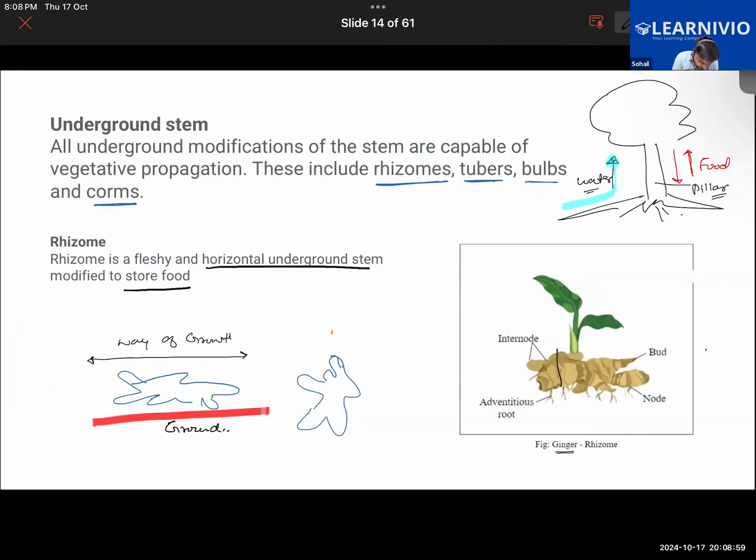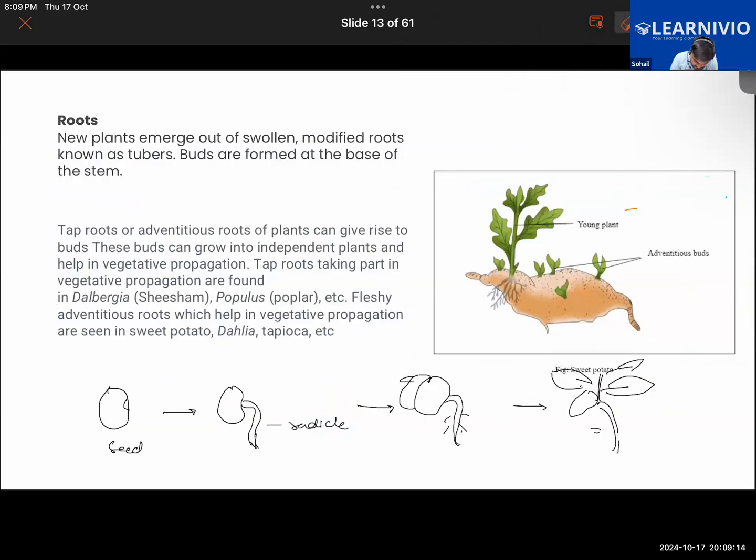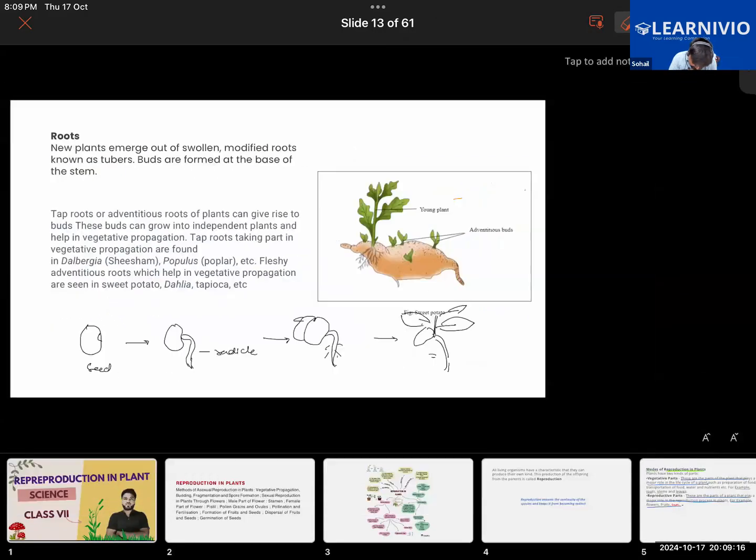They have nodes and internodes. Nodes and internodes. Now another special thing I'm seeing here. One minute. What happened here?